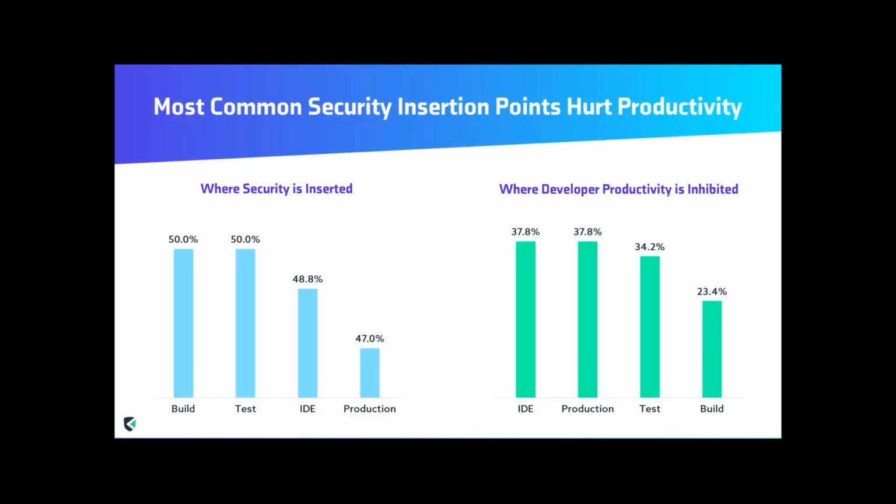Let me start inserting it earlier, let me put it into the IDE, let me start giving feedback to developers as they write code. Or let me start putting it into the production environment, which is slightly better than pulling the code 3 months later.